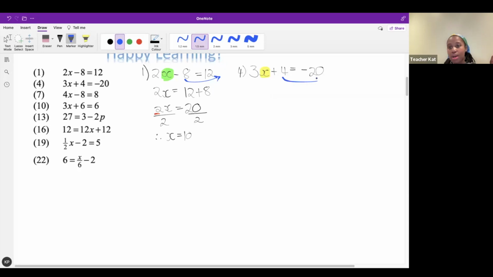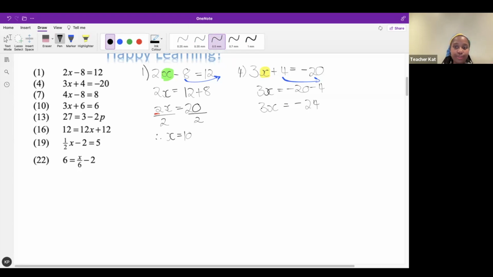Nice, the 4. And if the 4 goes over, it will become 3x is equal to negative 20 minus 4. Nice. So then 3x will be negative 24. And now to get rid of my 3 in front of the x, what are we going to do here?